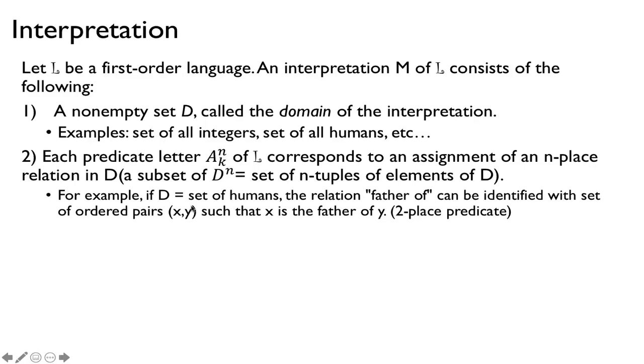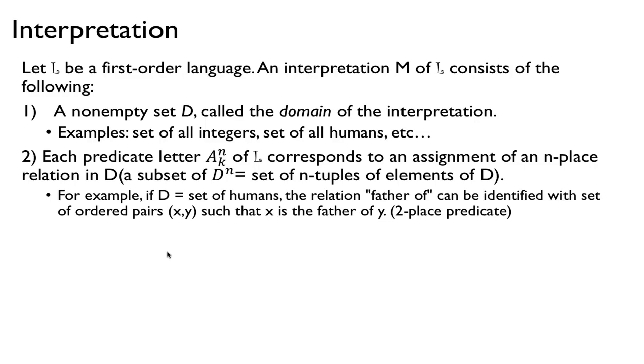If D is a set of humans, then x comma y could represent the relationship father of. So x comma y means that x is the father of y. So you have a subset of D squared, and that subset will show you the relationship between fathers and sons, for example.